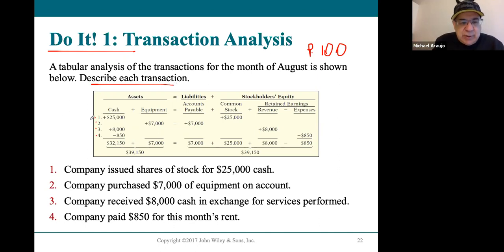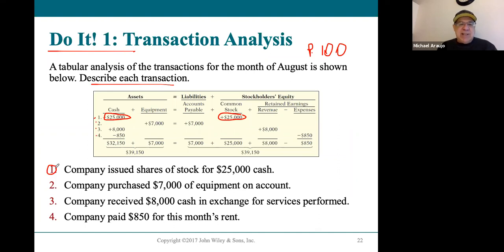So let's take a look at what happened in number one. It shows that we have more cash and we have more common stock. Now this is very typical. This is how corporations start. All corporations start with investors putting cash in the company and they receive shares of common stock.